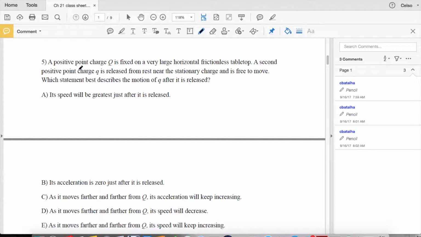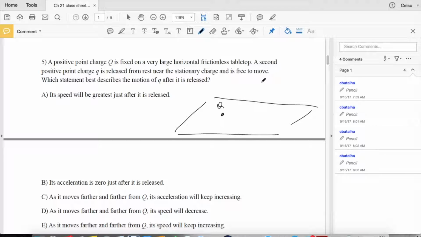So what is this? You have a positive charge Q fixed on a very large horizontal frictionless tabletop. A second positive point charge is released from rest nearby. So this is Q, this is not fixed, so it's released.